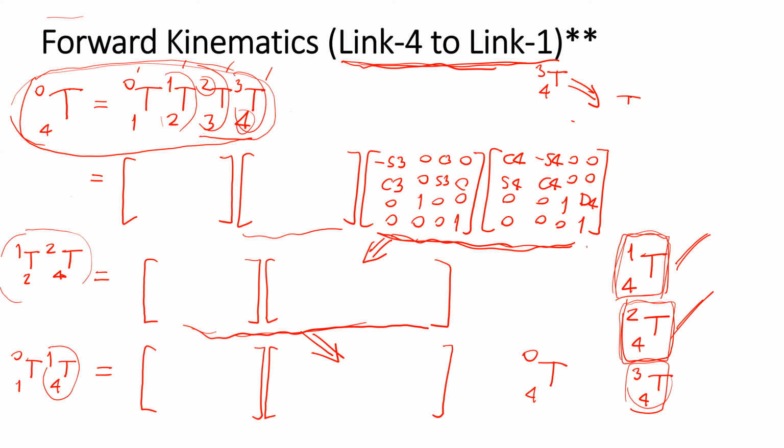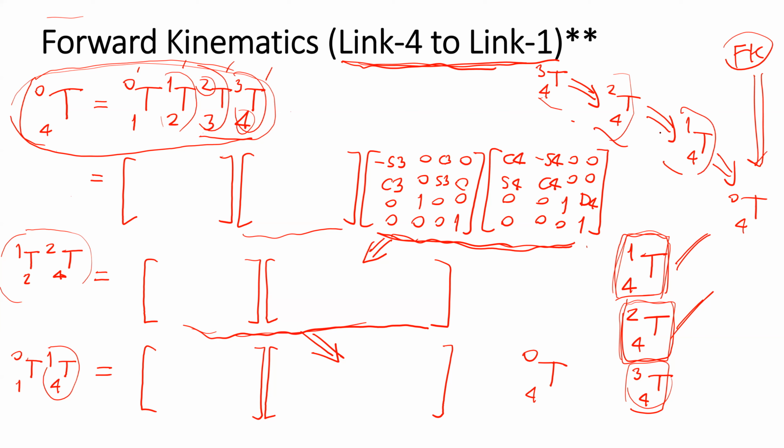Then you will have T4 per 2 and 4 per 1 and 4 per 0. Of course, you have the same forward kinematic, but during the process, you will prepare this. And we're going to use this for the inverse kinematic. Let's see where we can use this one.